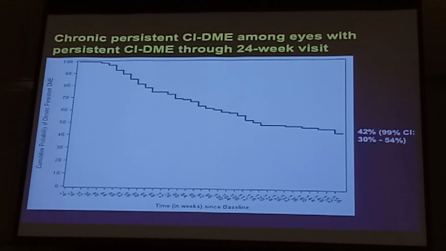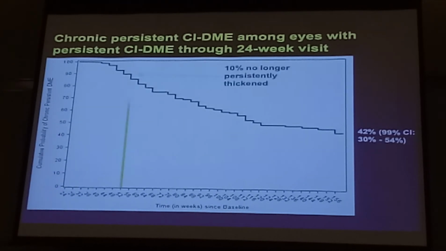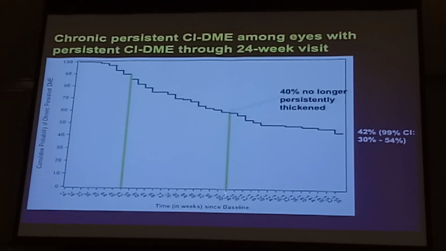Why is that so? Because if you treat long enough, some of this edema will go away. This is from protocol I, that you have persistent edema at 6 months. At 1 year, 10% no longer have edema. At 2 years, 40% no longer have edema.